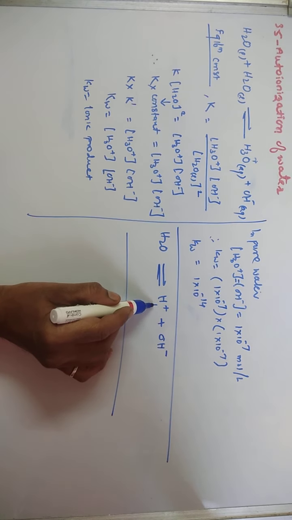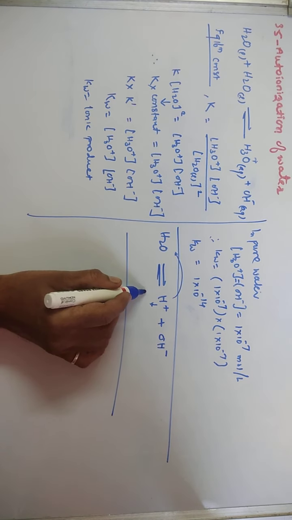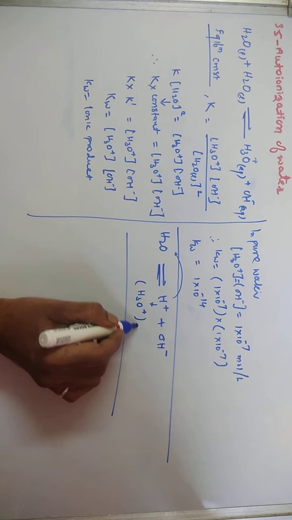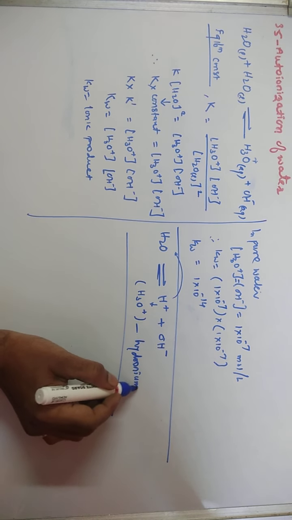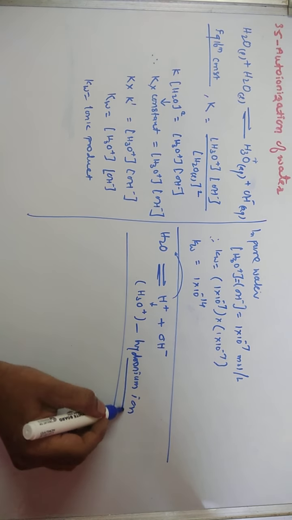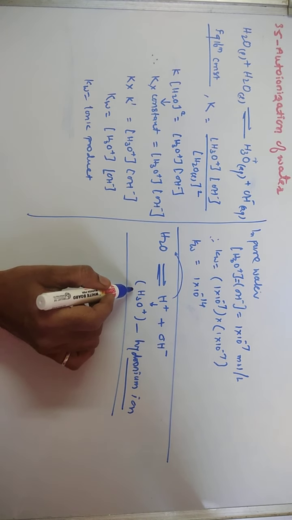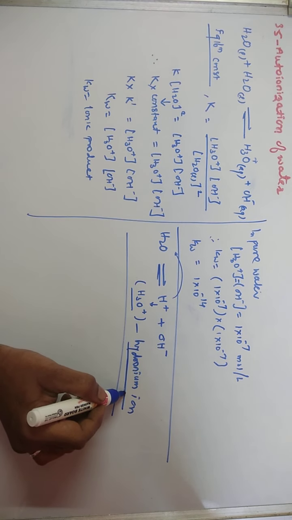But this H plus ion combines with the water molecules again to give H3O plus ion. These are called hydronium ions. Henceforth, we are writing instead of H plus ion simply H3O plus, and it is called hydronium ion.